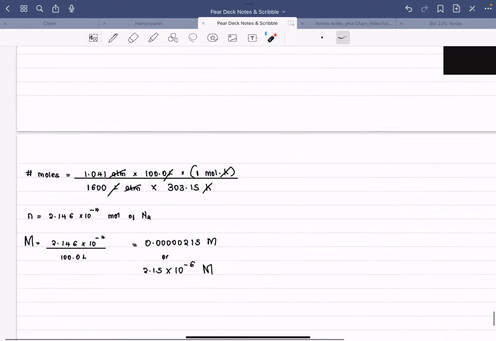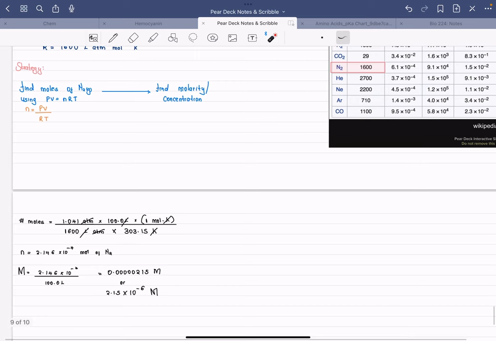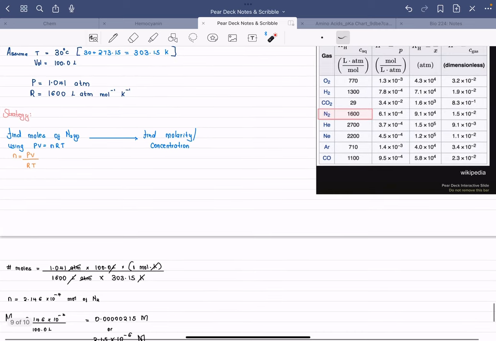And so here I execute my strategy. First, I find the number of moles, and I plug in my pressure, and then I multiply that by the volume, which is 100.0 liter, and then I divide that by the Henry's constant of N2, and I put the liter atm at the bottom, and then I put the mole K at the bottom.